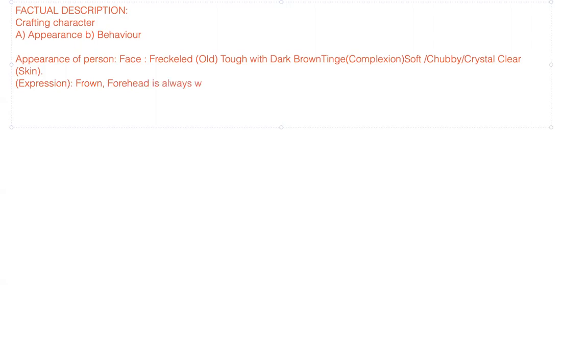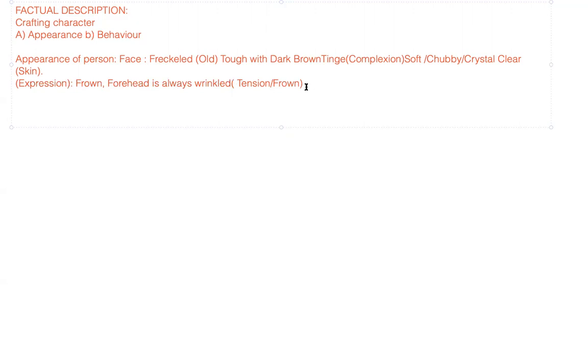This is how you can use it as an expression to talk about tension. If the person is having tension, or is frowning or angry at times, you can use these words.